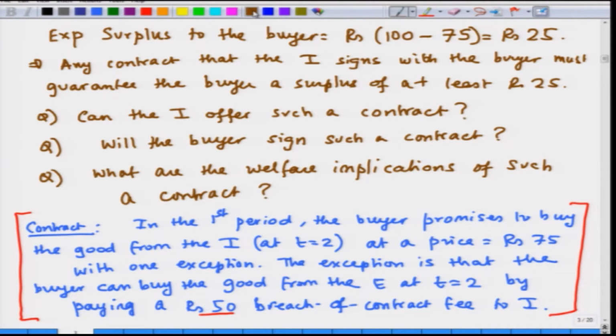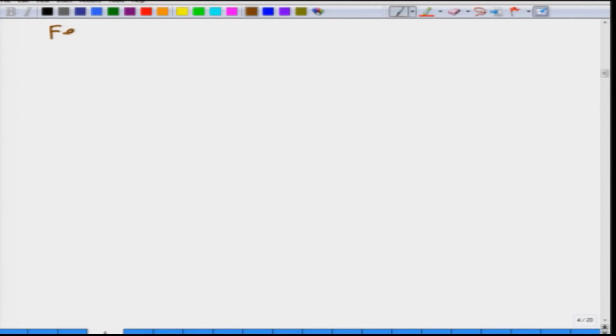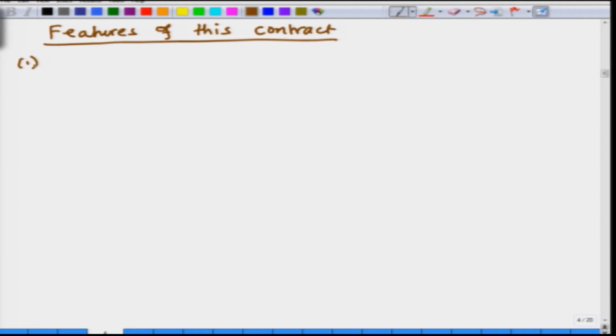Now, let us understand some of the features of this contract. What are some of the features of this contract? Okay. So, the first thing that we will notice is that without the contract, an entrant with marginal cost less than or equal to 50 was able to enter.